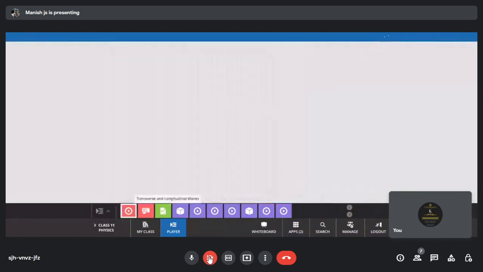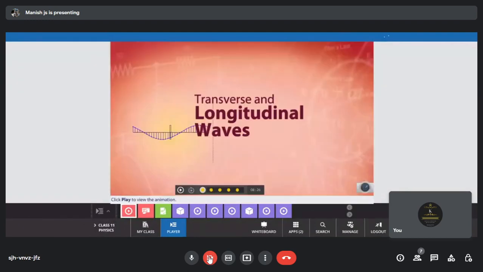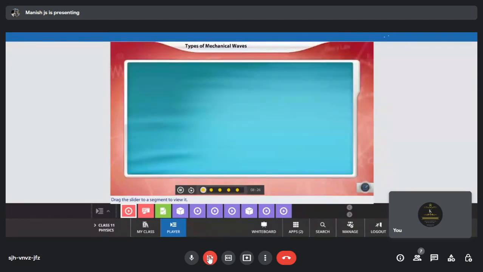So before that we'll go to the main module. Transverse and longitudinal waves. Have you noticed the changes produced in still water when a pebble is dropped into it?